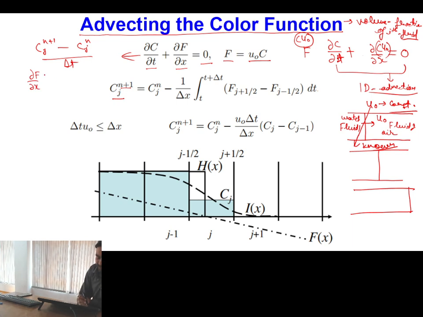So del f by del x, after I take its volumetric integral and then represent that volumetric integral in the form of a surface integral, what will I find? After the numerical treatment, I will find f at face j plus 1 by 2 minus the value of f at face j minus 1 by 2.